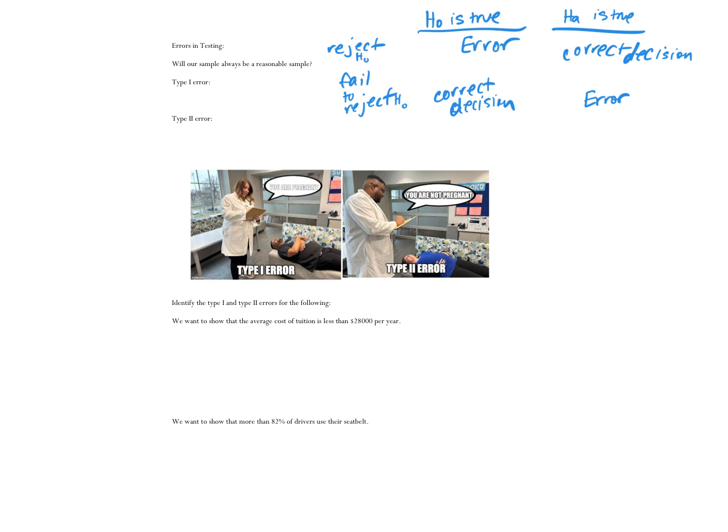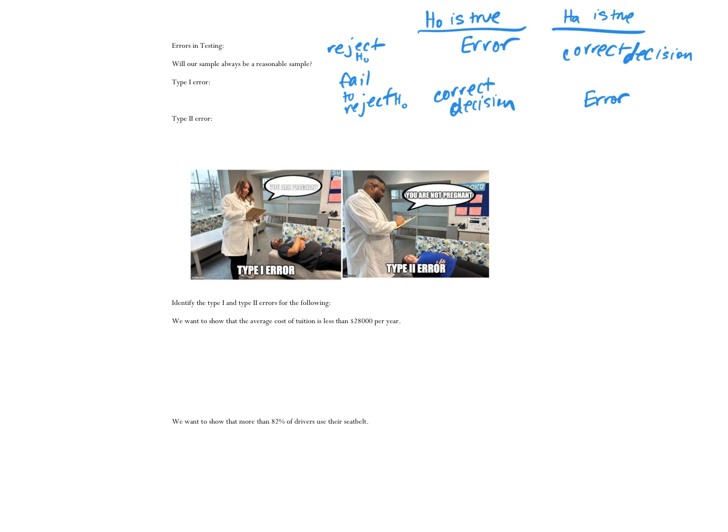Now, another way of thinking these through, guys, think about the American justice system. What's our null hypothesis in the American justice system? Innocent. Right? We start off assuming somebody's innocent, and if we have enough evidence, we reject their innocence and conclude they're guilty.